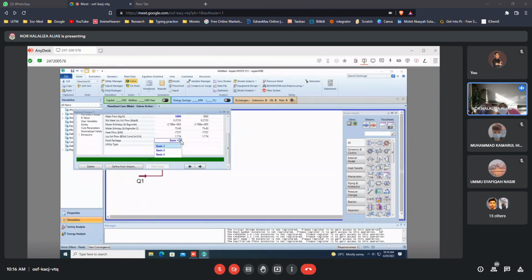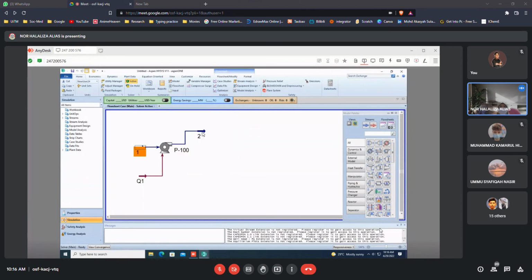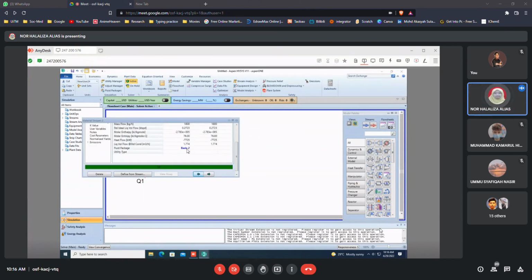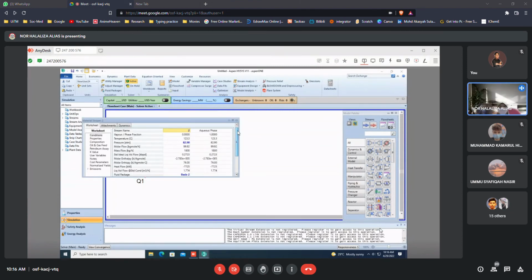Double click one, so I change to basis 2, converge. Okay, and then I go to the T out. Make sure it is basis 2 also. So 123.3. Okay, berubah tak tadi?